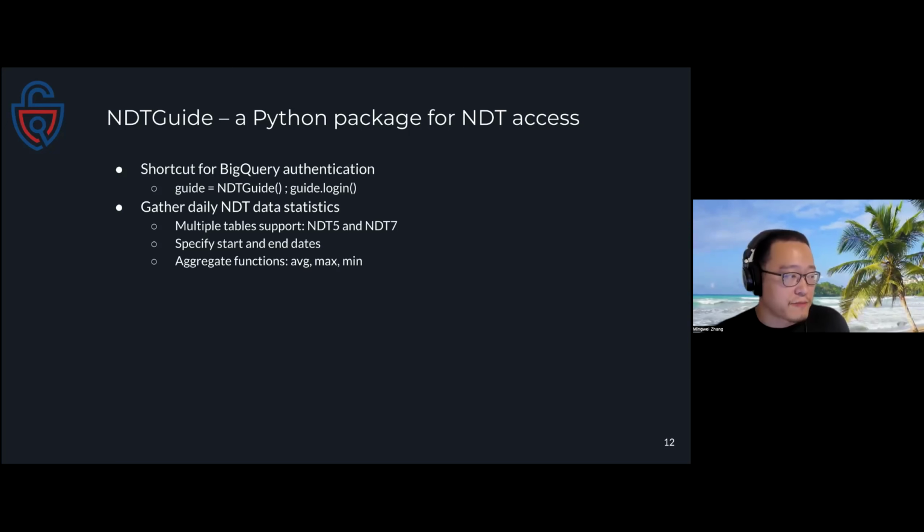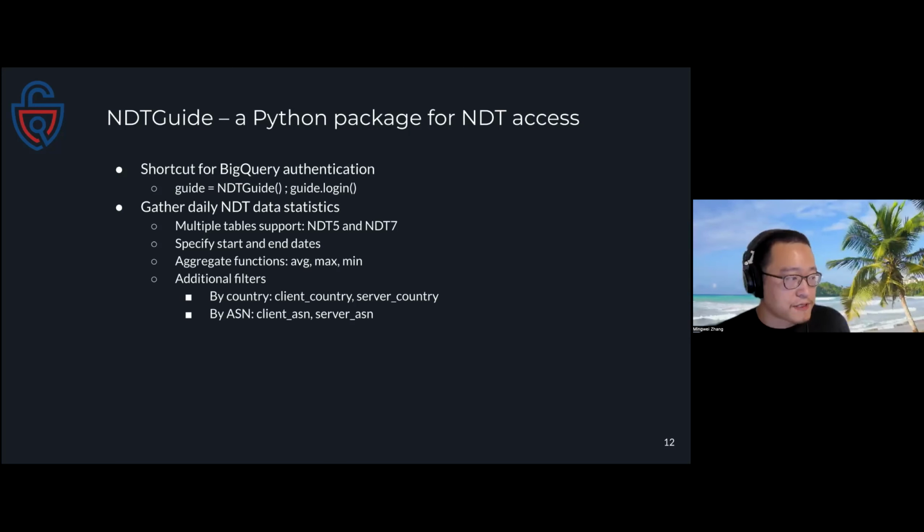It can average, max, min, and it can also have additional features based on country, ASN, and prefixes. So if you want to look at a daily pattern of a specific prefix, ASN, or country, you can do that as well.